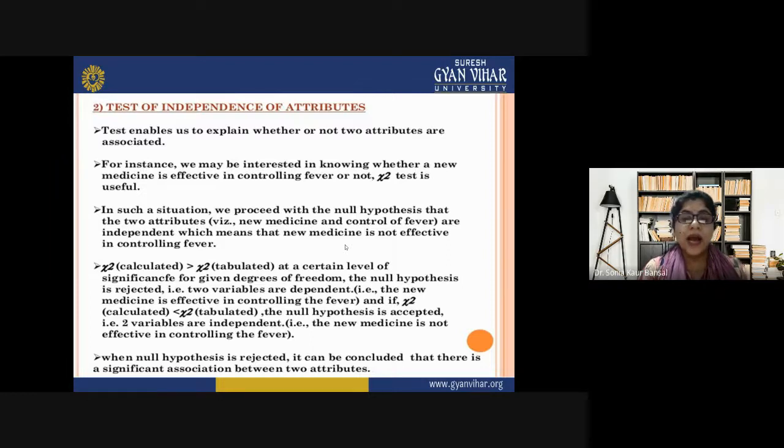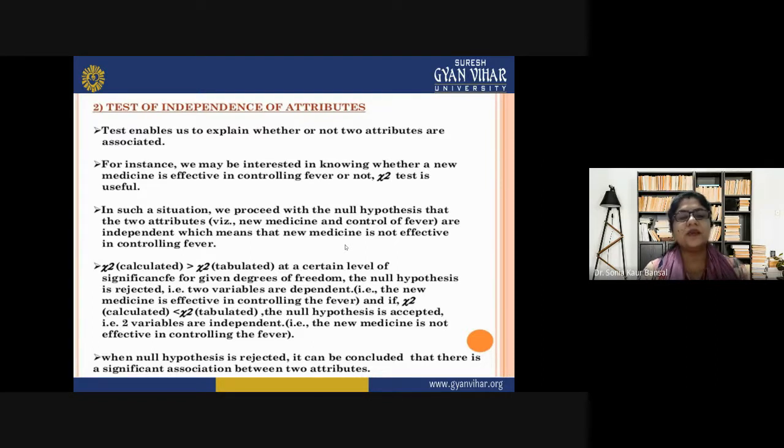So the chi-square test is useful. In such a situation, we proceed with the null hypothesis that the two attributes, new medicine and control of fever, are independent, which means the new medicine is not effective in controlling fever. So if chi-square calculated is greater than chi-square tabulated.